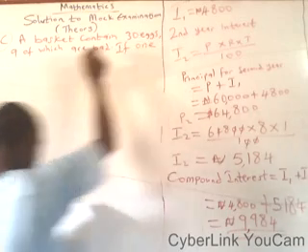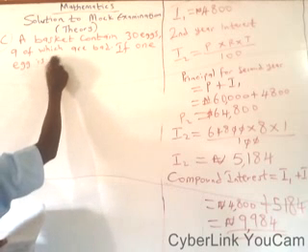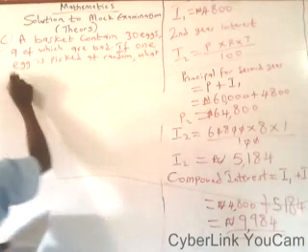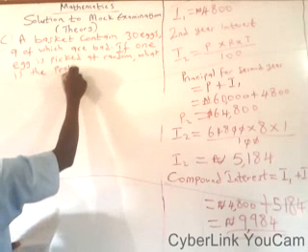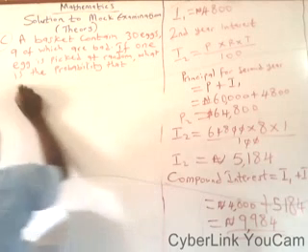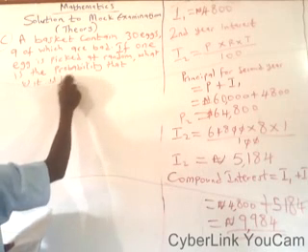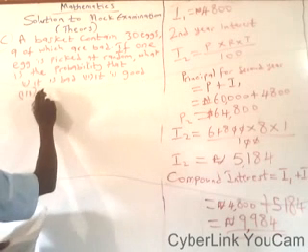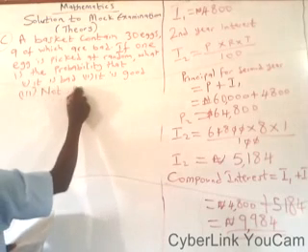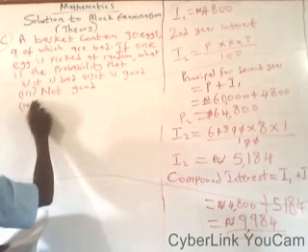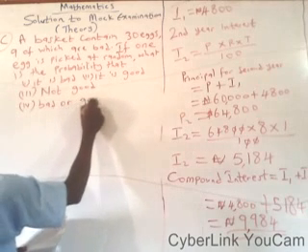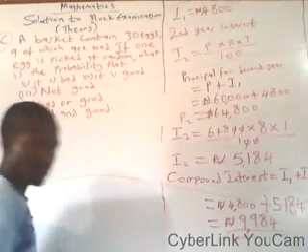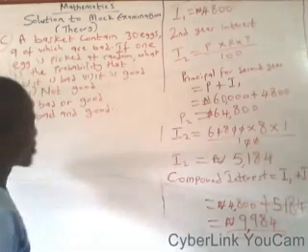If one egg is picked at random, what is the probability that: Roman figure 1, it is bad; Roman figure 2, it is good; Roman figure 3, not good; Roman figure 4, bad or good; Roman figure 5, bad and good? This is question number 1C.